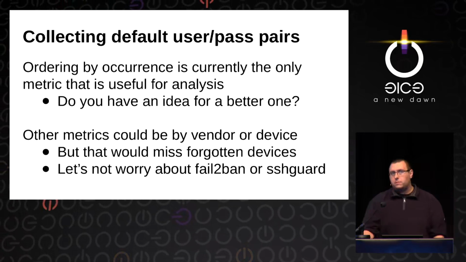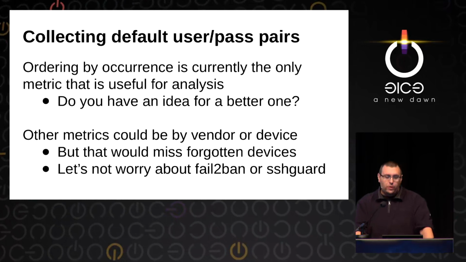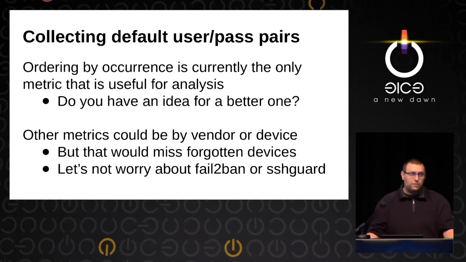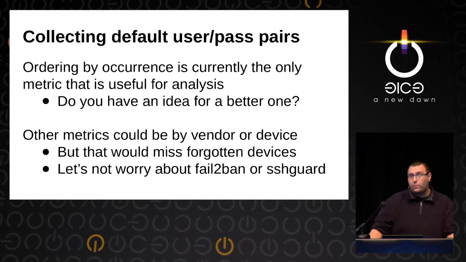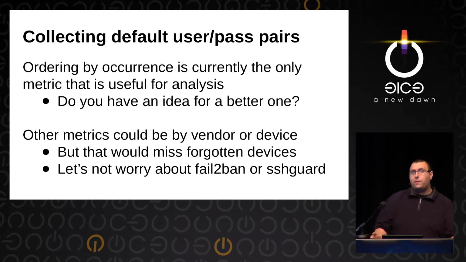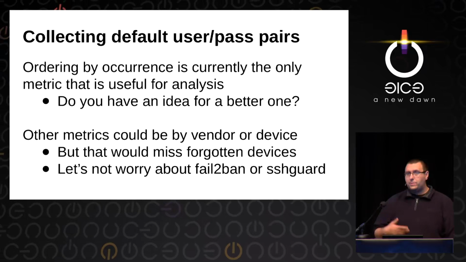Ordering collected data by occurrence is the only useful metric we have for analysis of default standard passwords. If you have an idea for a better one, I would like to hear it. Because if a username and password pair is more common, like admin, admin, or admin without a password, it will simply float to the top and it will be tested sooner, so this saves time.